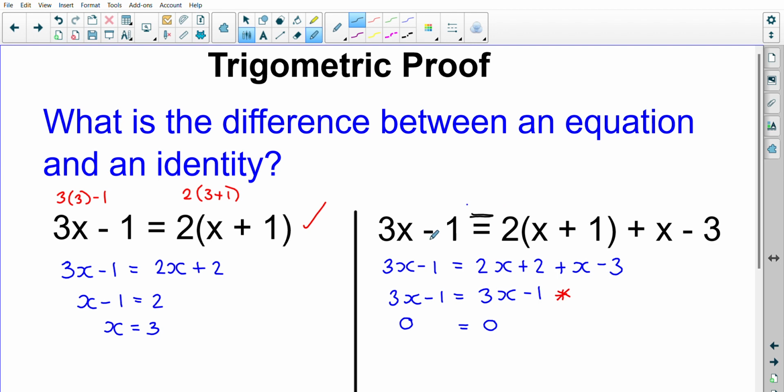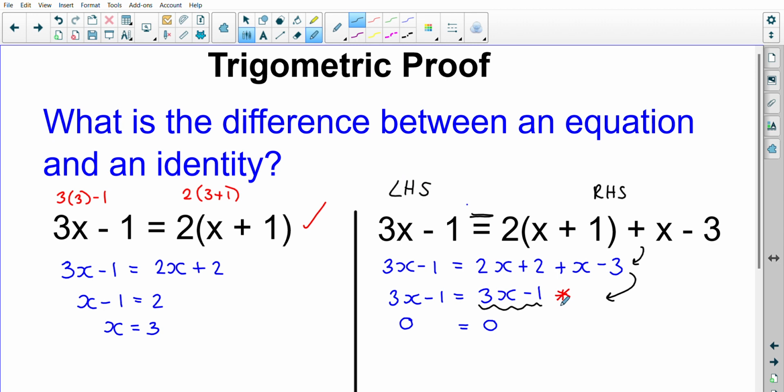So the left-hand side is identical to the right-hand side. Basically, I could have taken the right-hand side, worked with it like I did in this step, and shown that I ended up with the same as the left-hand side.